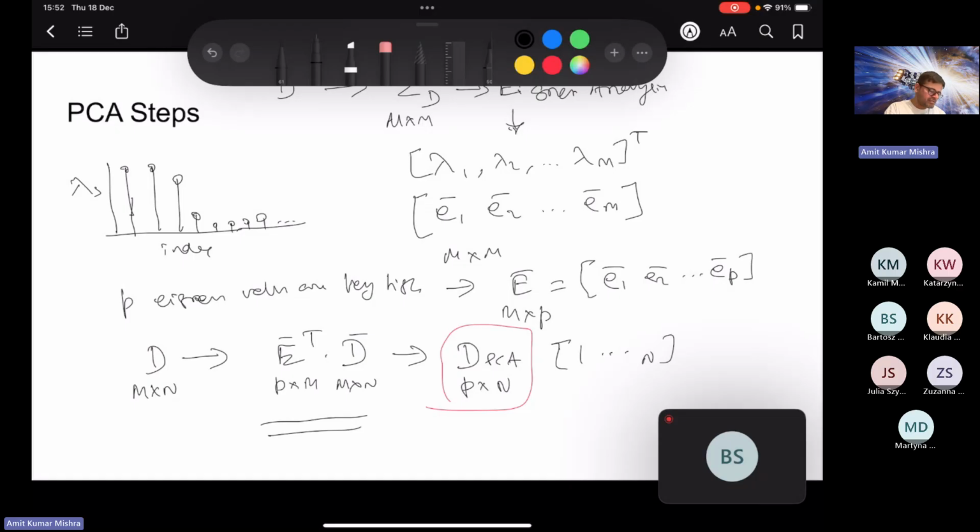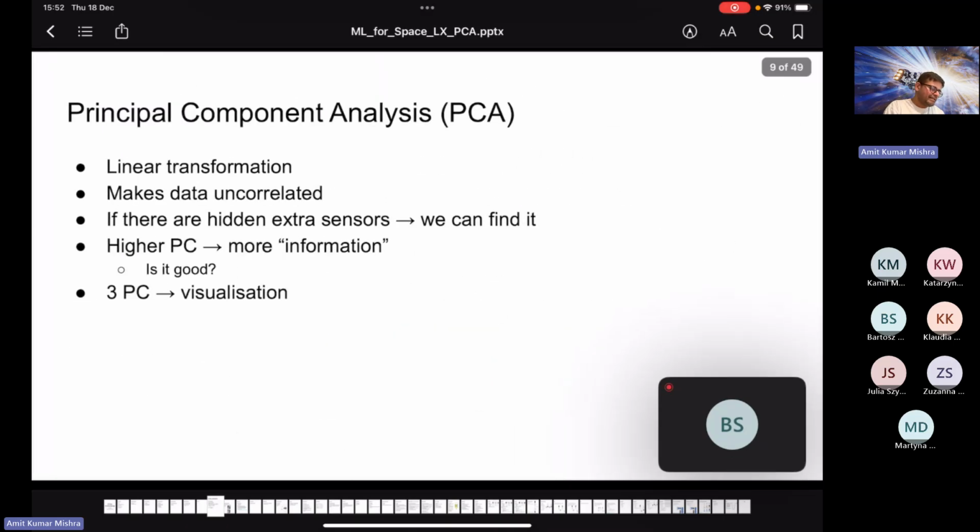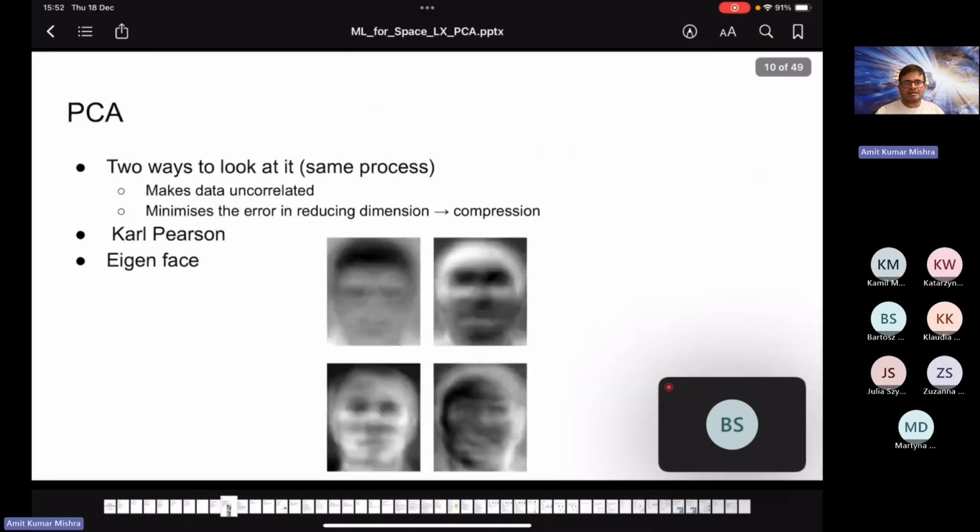And you can always do the reverse multiplication to get the full dimension data. Of course you will lose some information, but still you will do a pretty good job. And that's exactly what they have done in this eigenface, when they tried to use a couple of principal components and then recreate the whole face.